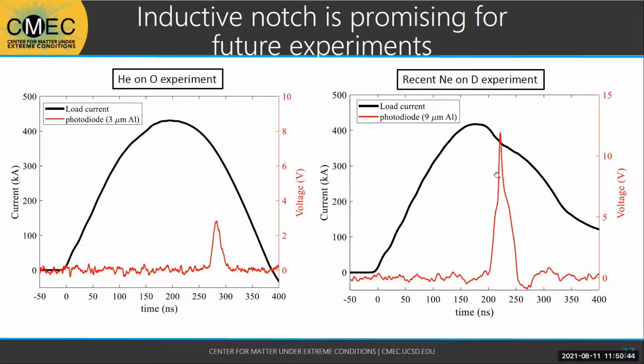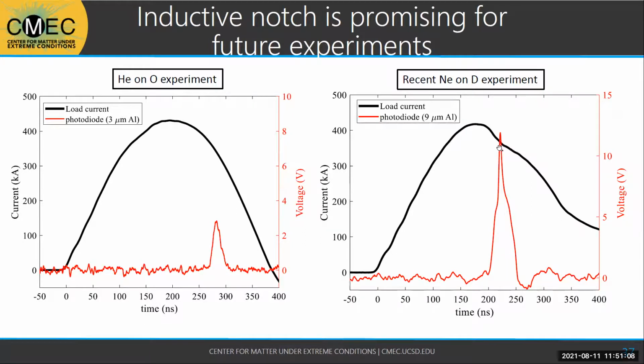And this is another shot that was taken on CESZAR yesterday of neon on deuterium for a different experiment, but this is a gas puff experiment done on CESZAR. With a better optimization, they managed to see a high X-ray spike and a coincident current dip.